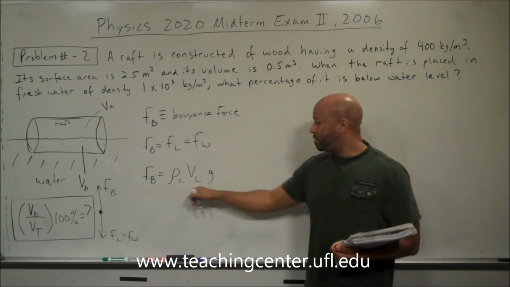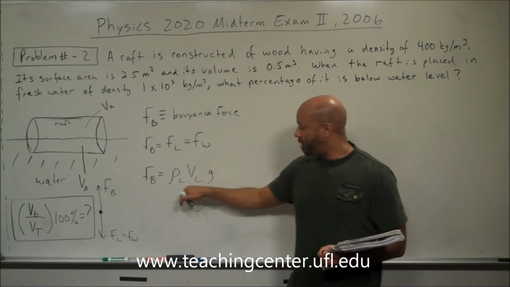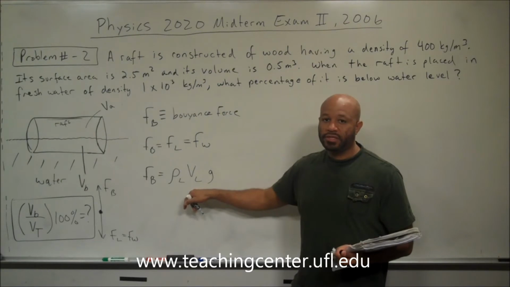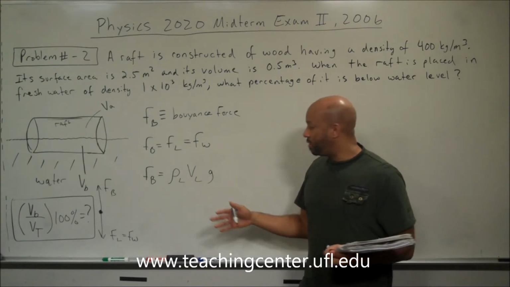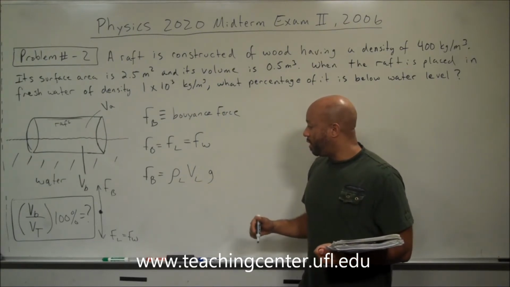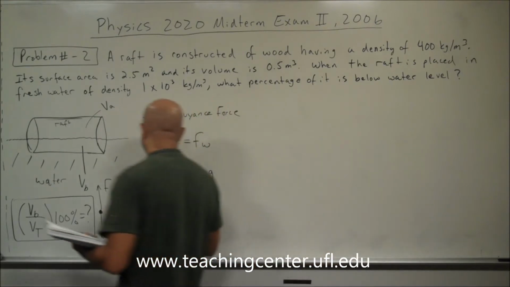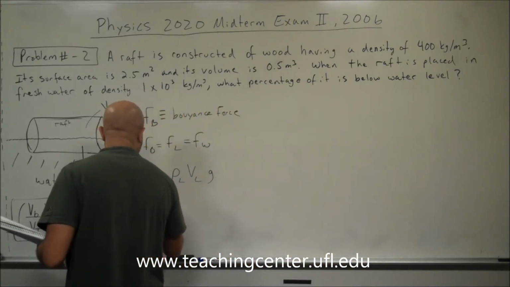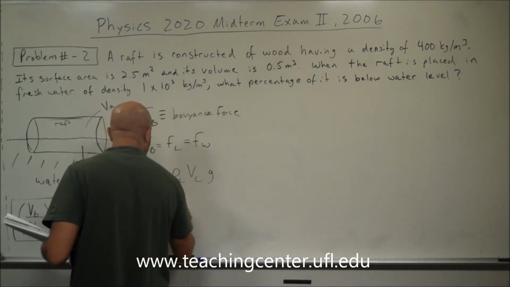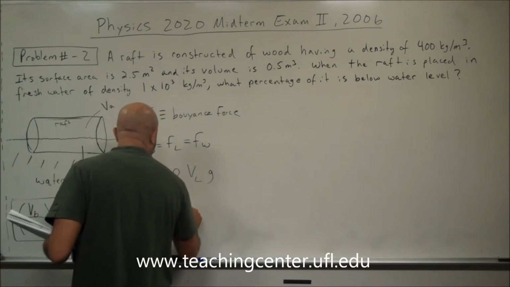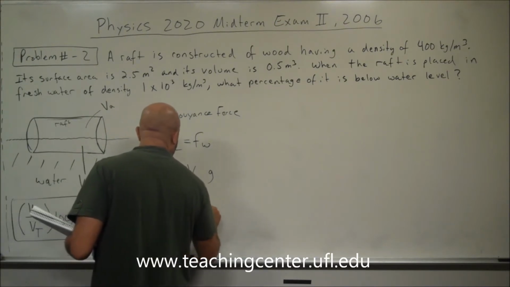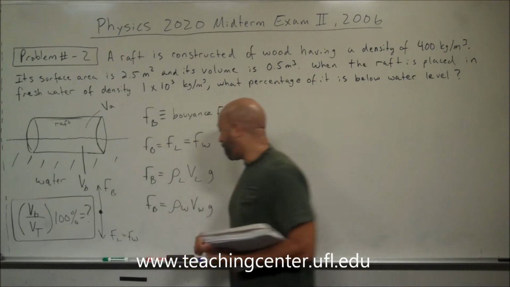Okay, so I'm using subscript L to designate a general liquid, so that's why we're using L. So in this particular case, the buoyant force is equal to the density of the water times the volume of the water times gravity.